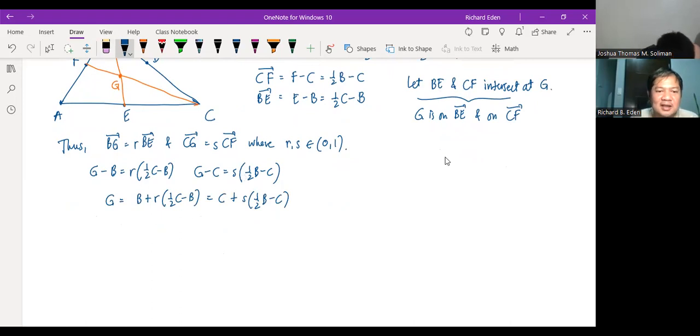All right. Let's look at the latter two expressions. So let's simplify the middle one.